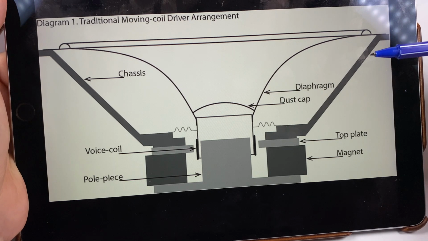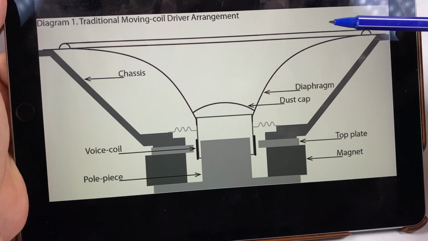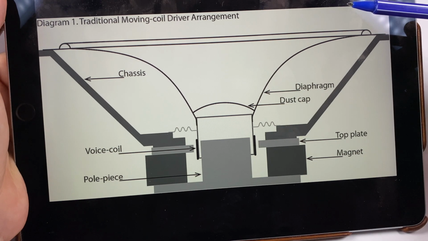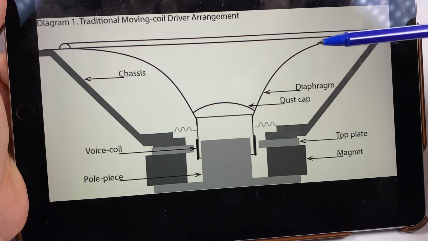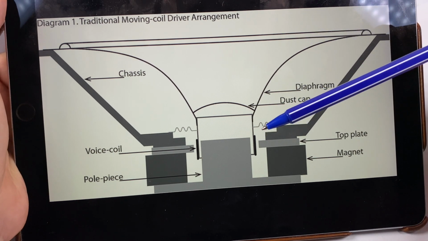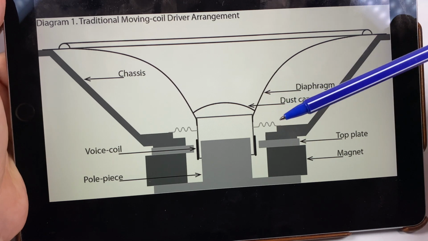Of course, we can make the diaphragm from some hard metal like titanium, but it will be heavy and more work will be required to move it.